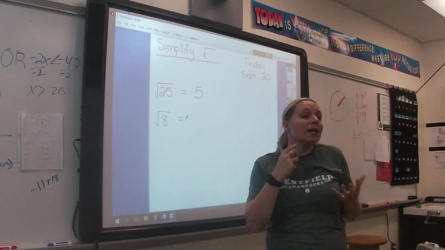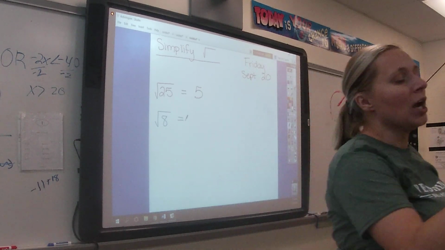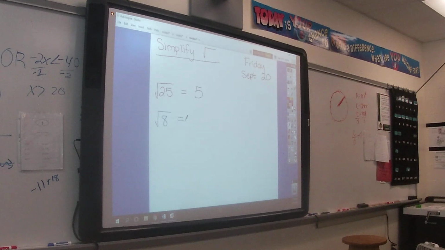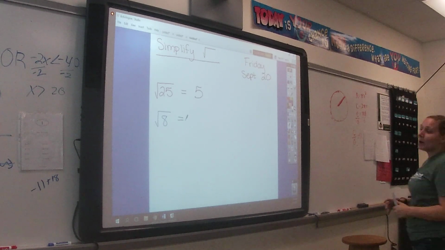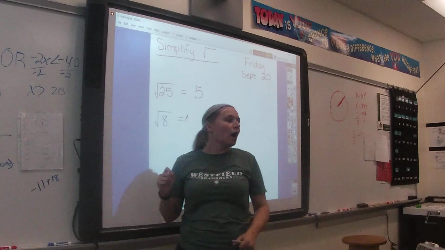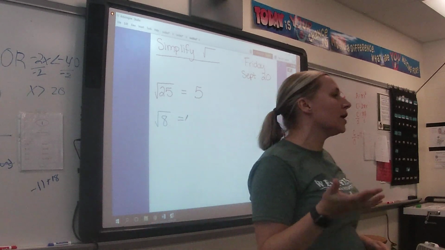Now, when we actually design a bridge, a house, a large building, we don't come up with a plan that's so big that we unfold it and it's 4,000 feet long. We design it super teeny tiny and then we blow it up. We make a scale model. So if we round the square root in the scale model and we're only off by 1/10 of an inch, we might say, oh, no big deal.